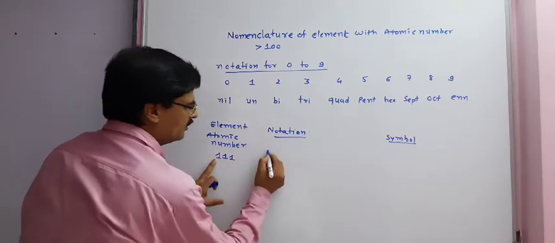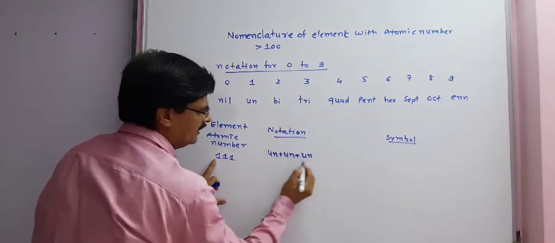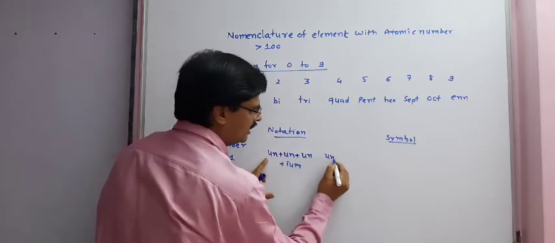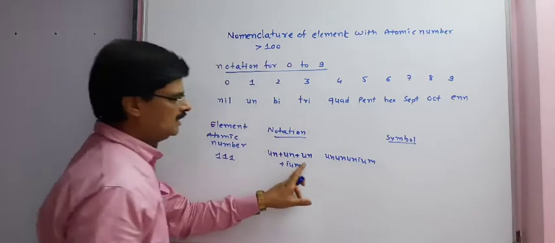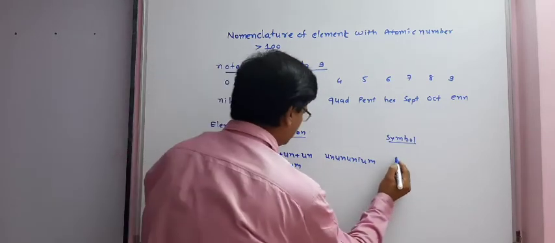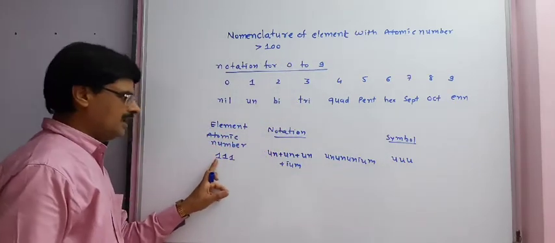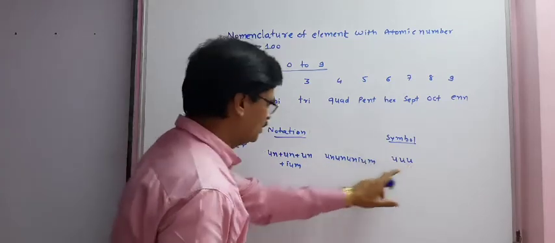For 1 again we have un plus un plus ium. So the name will be unun-unium and the symbol will be UUU. So atomic number 111 has the symbol UUU.